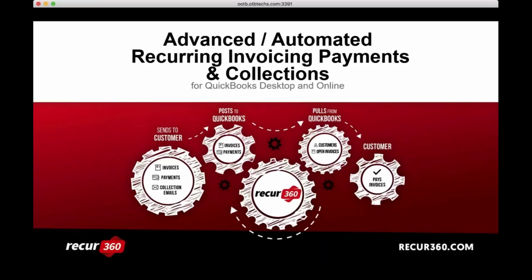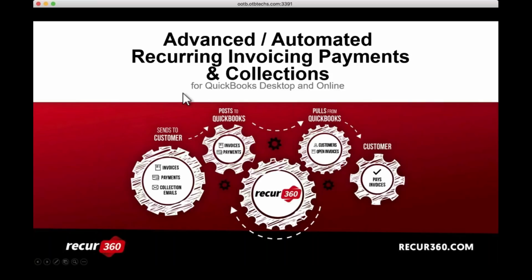So if you think about it, rather than setting up memorized transactions in QuickBooks, recurring payments in QuickBooks, or in QuickBooks Online sales receipts, you can connect Recur360 to either version of QuickBooks and set up all of your recurring invoices with payments, or recurring payments from within there.